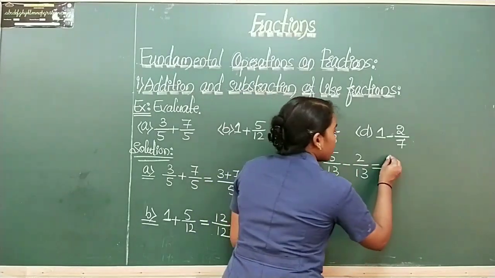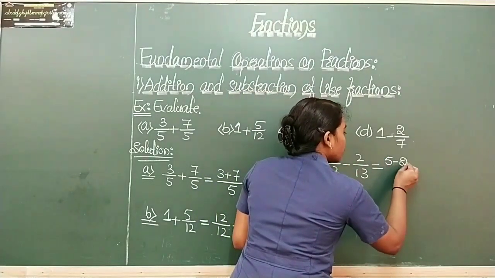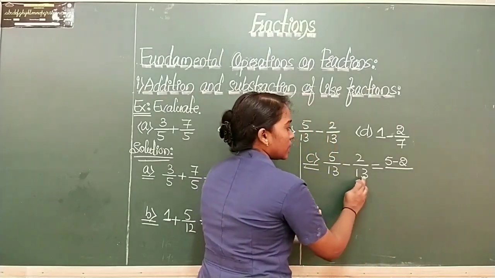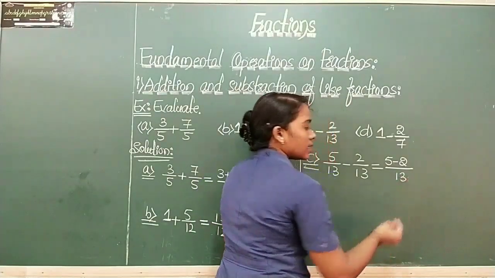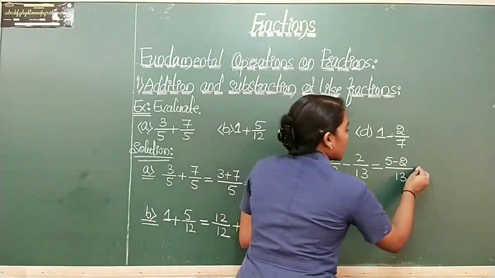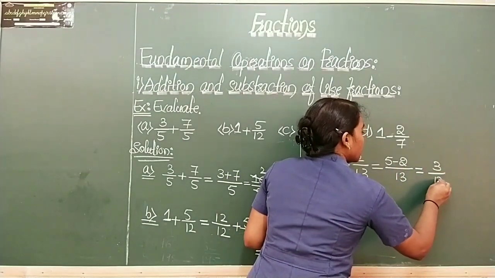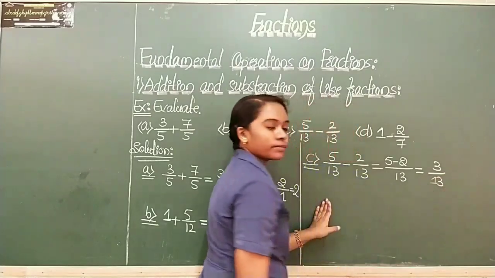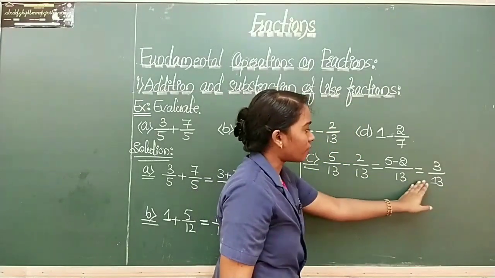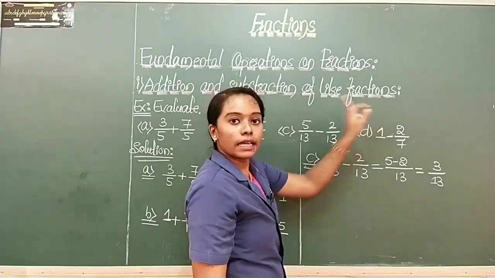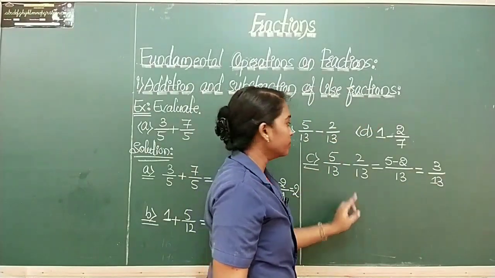Now subtract it. 5 minus 2 upon 13, you have to write as it is, which is equal to 5 minus 2, we get 3 upon 13 as it is. In this way, you have to subtract the given like fractions.